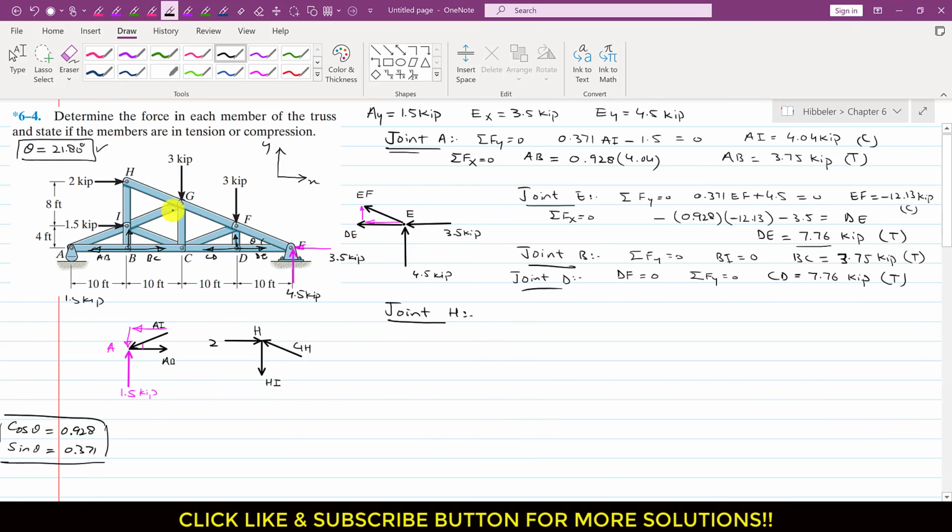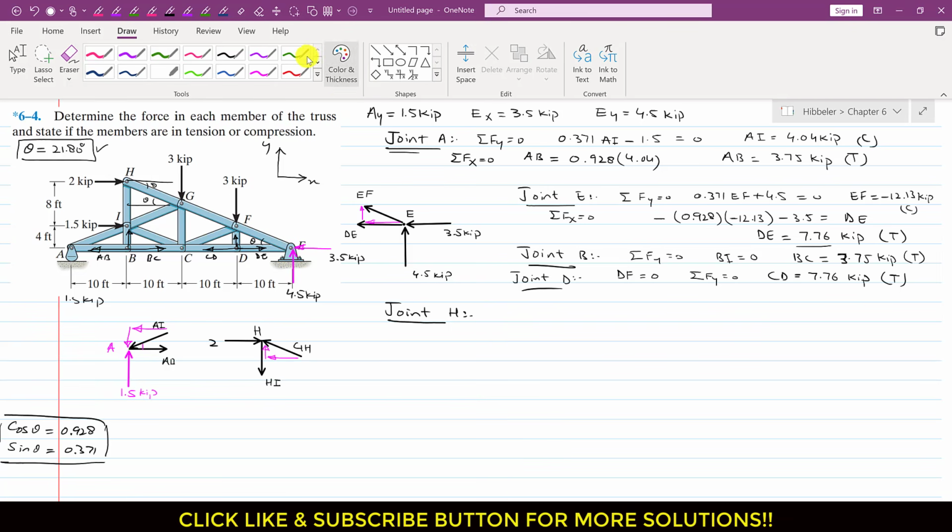So this is 2, this is that joint H, this is GH force, and this one is HI member force, right? And again, if this is that theta, then here we have that same theta as well, right? So if we resolve this GH member force into its components, we will have one component in this direction, and this one will be the cos component, and here we will have one component which will be acting in this direction, right?